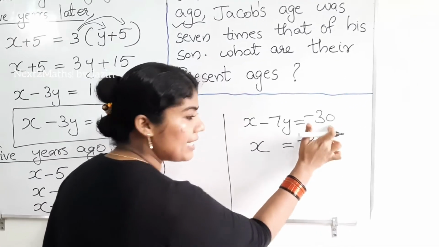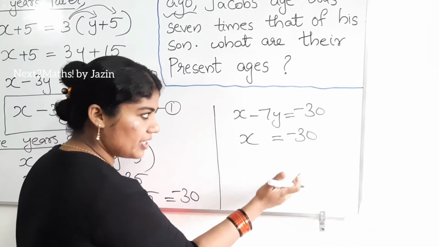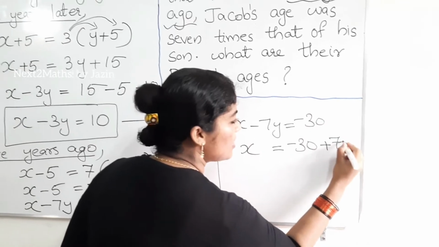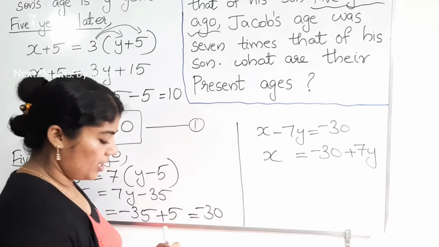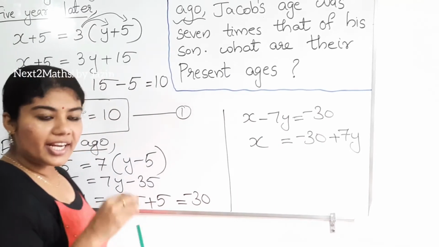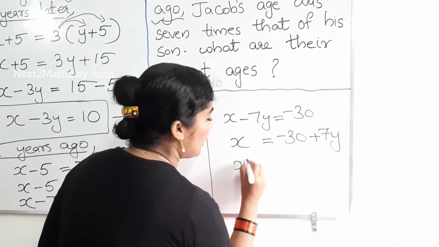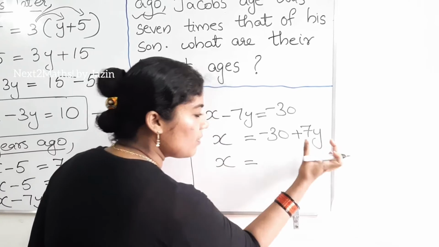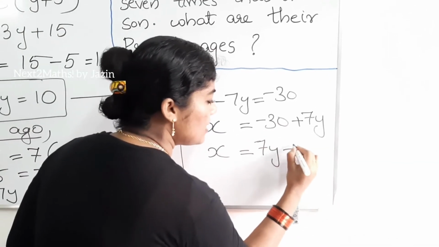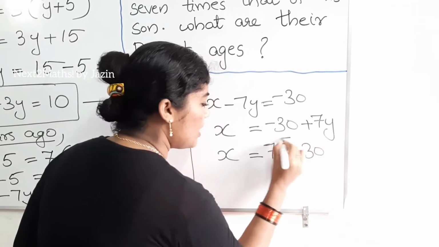So what is on the right side? That you should write first. Then minus 7y moving to the right side as plus 7y. Okay, now don't write this; you have to rearrange that. So how? X equal to this positive one you should write first: 7y minus 30. So what is x?